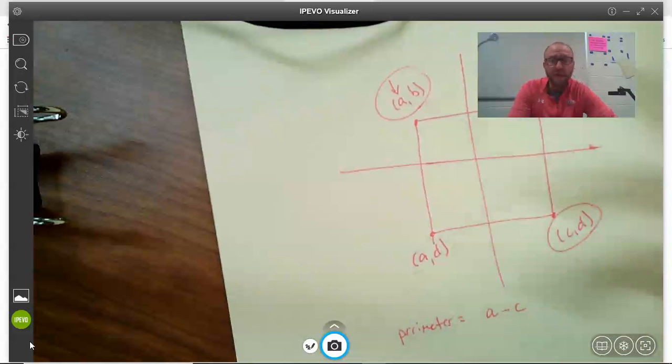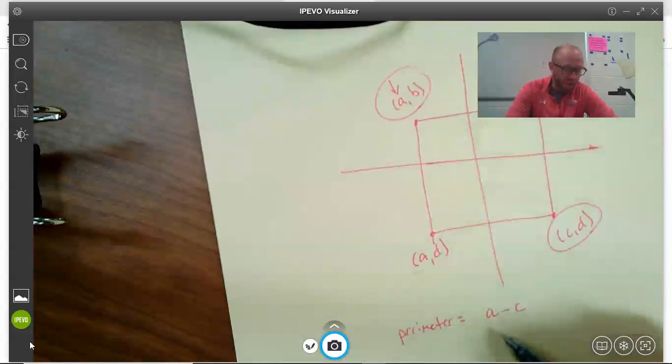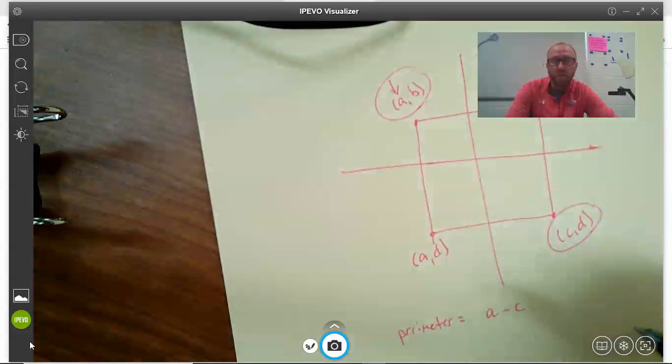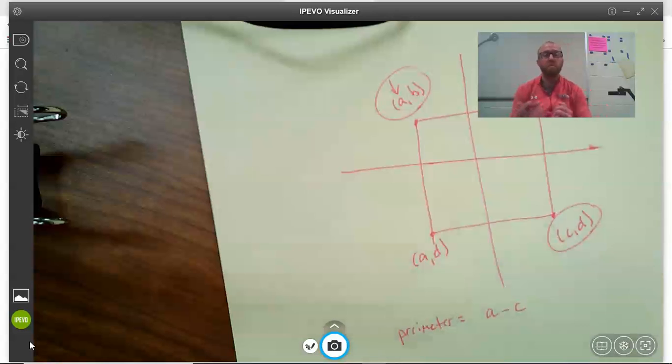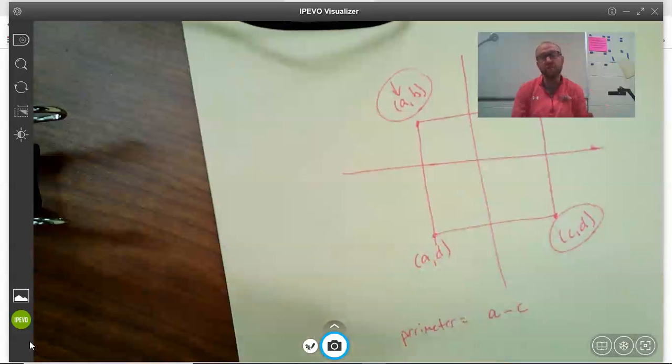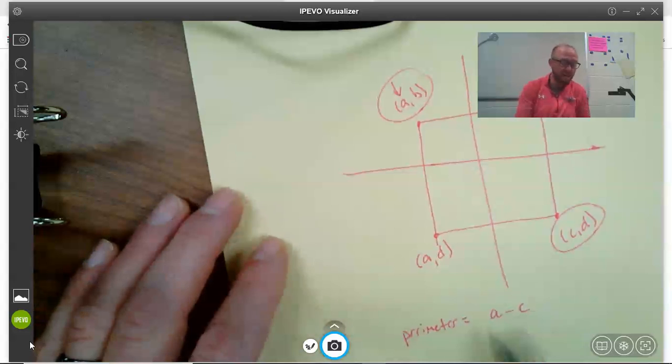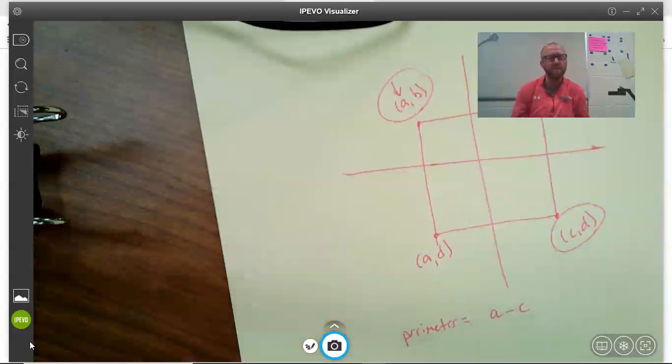A and C could be any 2 numbers at all. And if I subtract one number from another one way, I'll get a positive answer, and if I flip them, I'll get a negative answer. So if A minus C is positive, then C minus A would be negative.